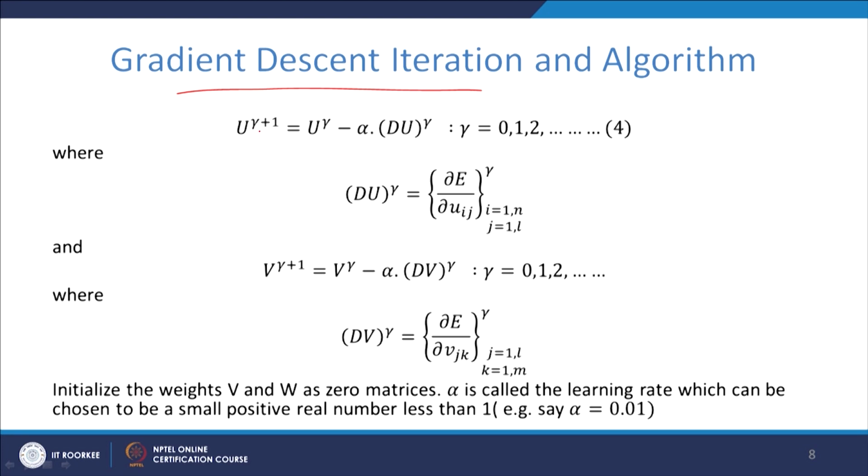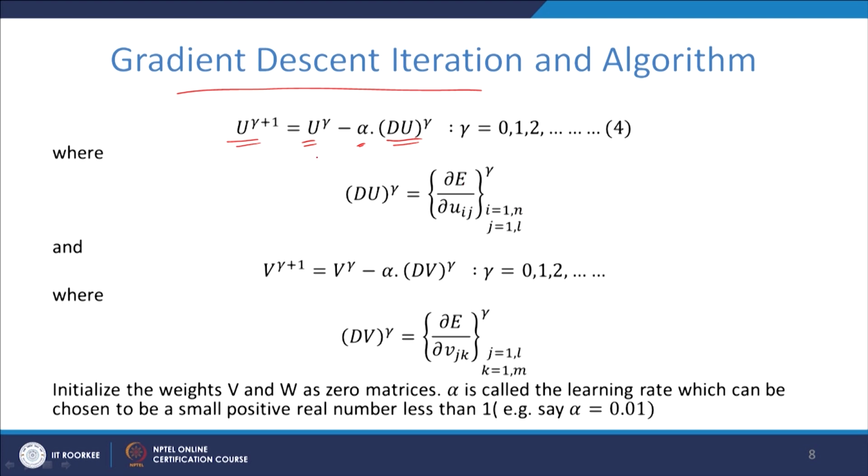The (r+1)th iteration depends on the rth iteration minus some small value, which is called the learning rate alpha, multiplied by the gradient D_U, where D_U at the rth iteration is defined by the partial derivative del E by del u_ij.